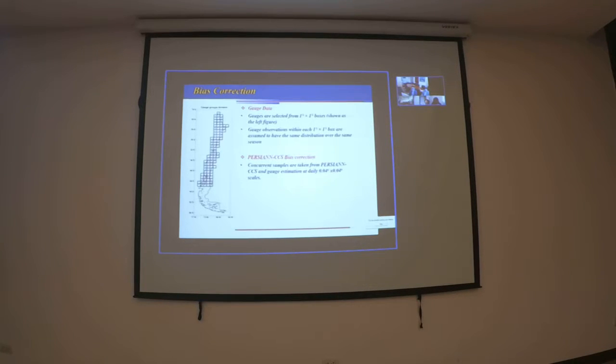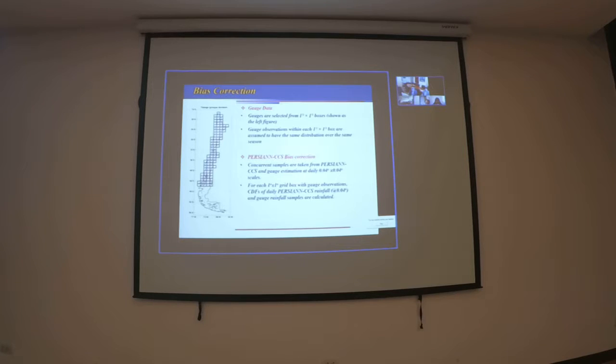The collection uses 0.04 degree by 0.04 degree as a reference grid, so that if a gauge is located in that particular 0.04 by 0.04 degree cell, they are considered samples at the same time, showing up concurrently, so they will be collected. Then for each 1 degree by 1 degree box, we have collected samples from both PERSIANN-CCS, which is our estimate, and the gauge estimates.